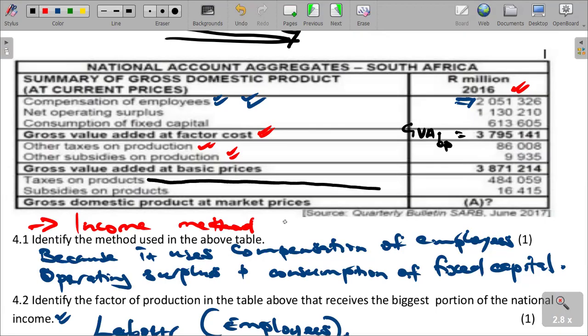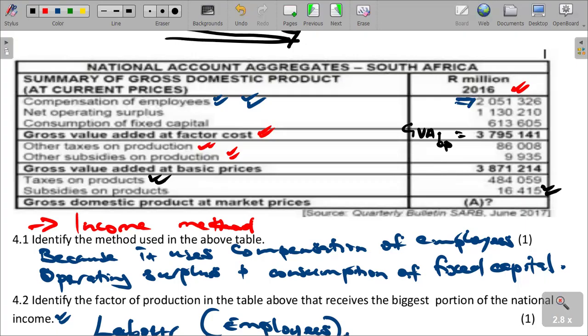And then we have our subsidies. Subsidies on products is given as 16,415. 16,415 is our subsidies.